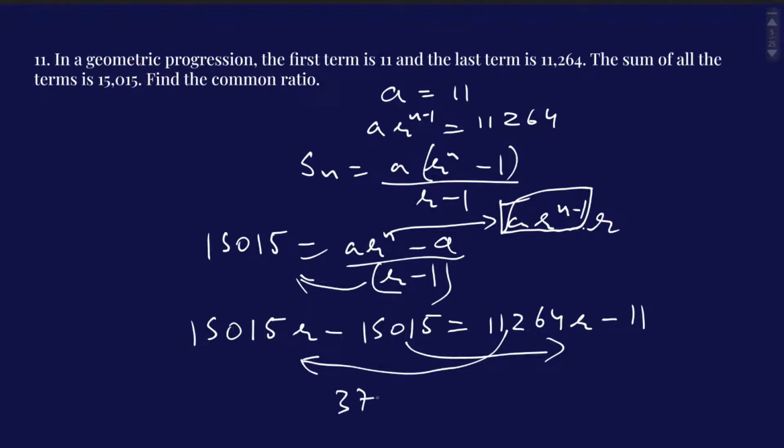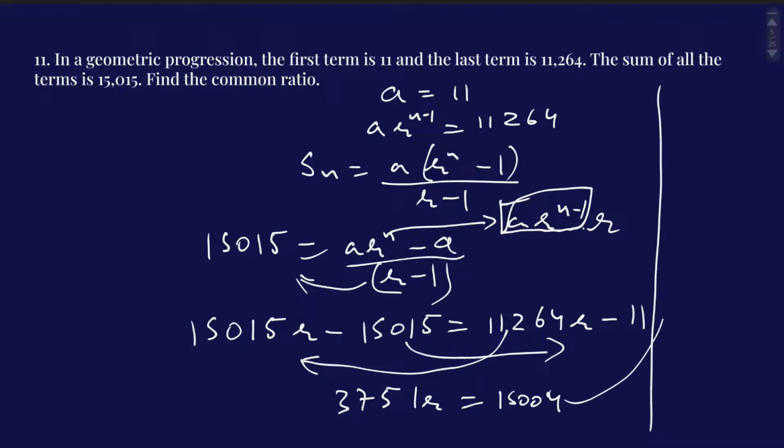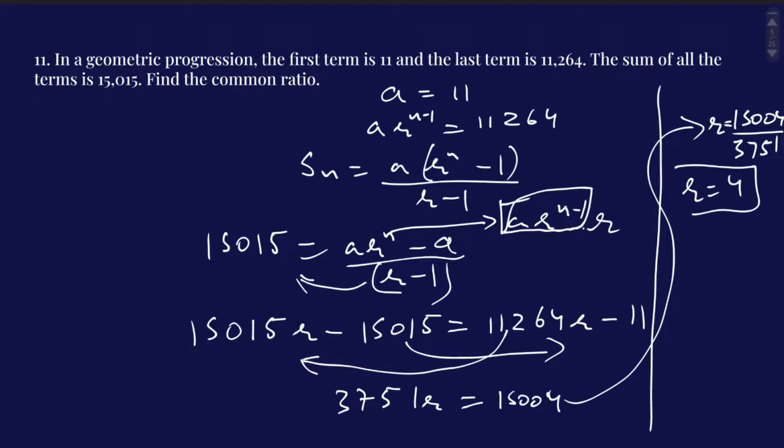So 3751 r is equal to 15,015 minus 11, which is nothing but 15,004. So we can find out r. With this, r is going to be 15,004 divided by 3751. So r becomes 4, and that is our answer.